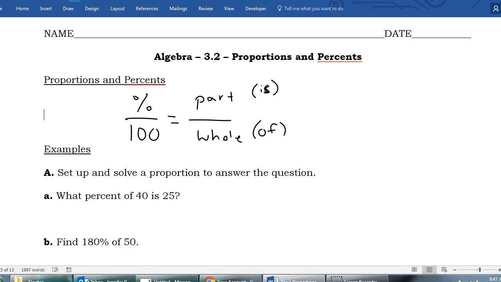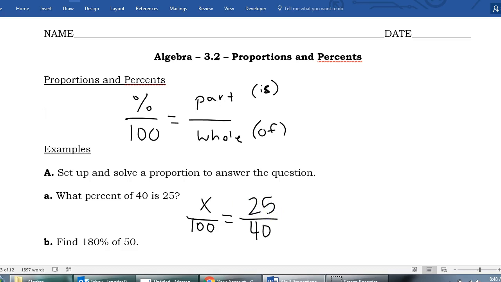So let's set up some proportions and we'll solve them using the techniques we talked about in lesson 3.1. The first one says, what percent of 40 is 25? What percent means my percent is going to be my variable, and my percent always goes over 100. Of 40 means 40 is the whole number. Is 25, 25 is the part. That's going to go on the top.